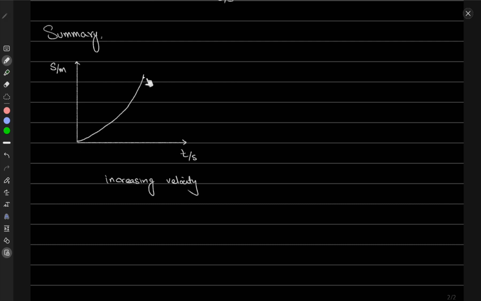So it would look something like this, right? Now, in this case, the slope of the graph is increasing at every point. Hence, this is the increasing velocity.